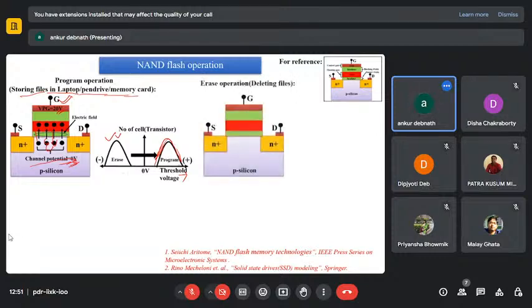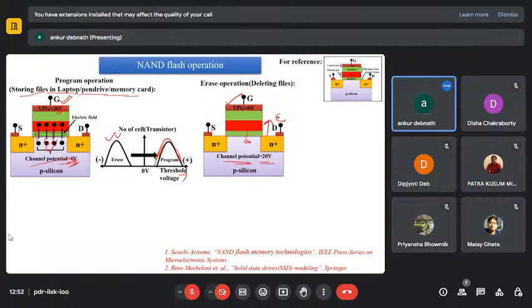Now same thing for erase, just other way around. It's just opposite. So here I am now applying VPG equal to 0 volt, and the channel potential here is very high. So now the direction of the electric field will be this. So what will happen? The electron will go from here.